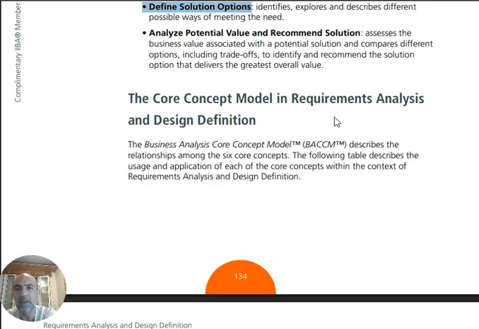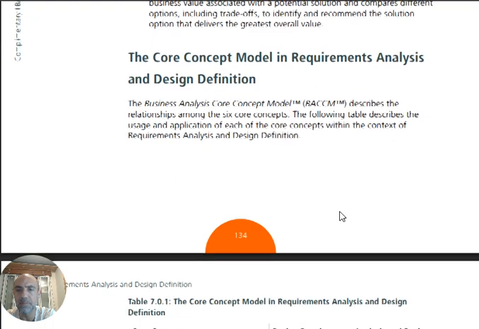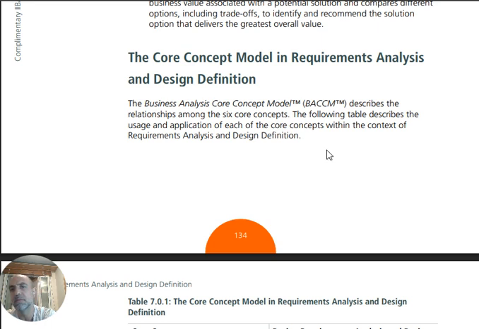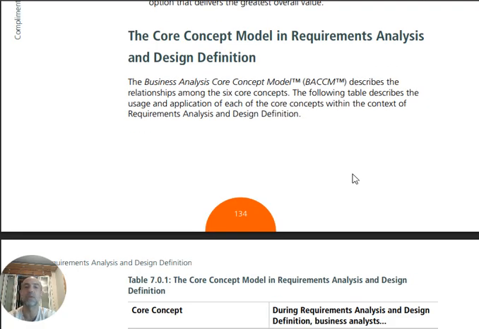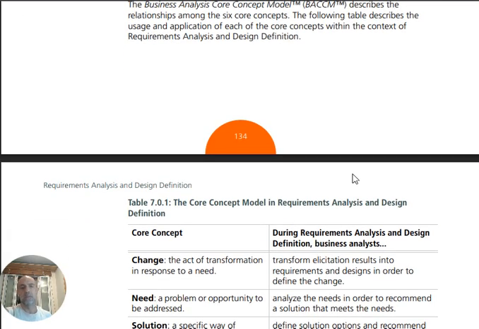So the core concept model in requirements analysis and design definition. It describes the relationship, the BACCM, isn't that the normal basis we have to follow, among the six core concepts. The following table describes the usage and application of each of the core concepts. So this is basically the table.